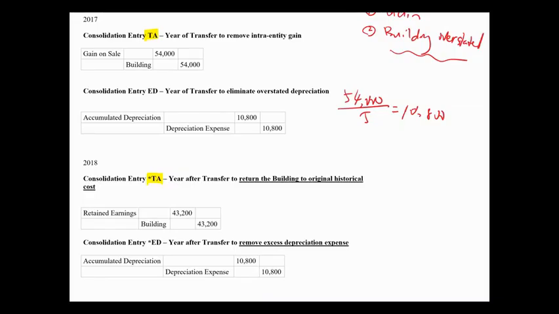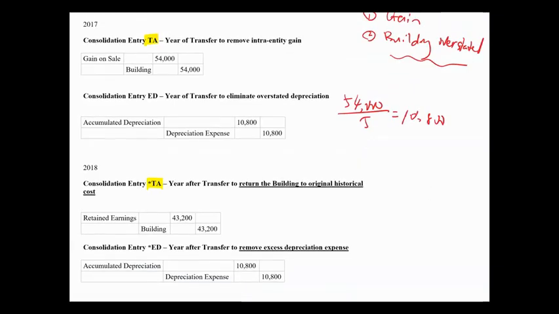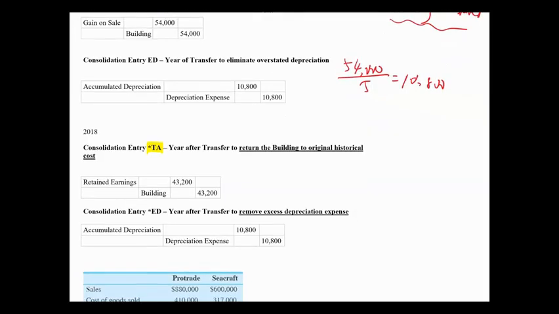However, because this gain was already included in the retained earnings, we have to deduct this amount from retained earnings to make it correct. At the same time, we also need to adjust the building to its actual amount, because the building is still overstated.